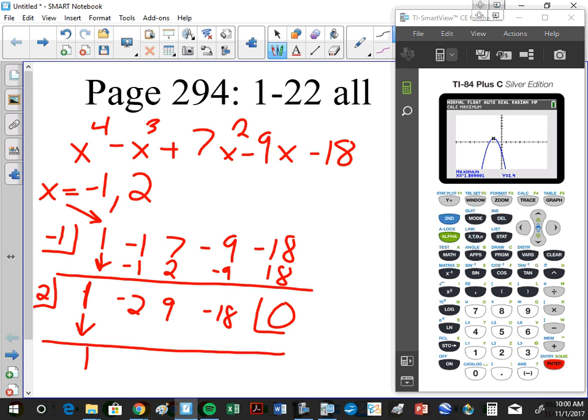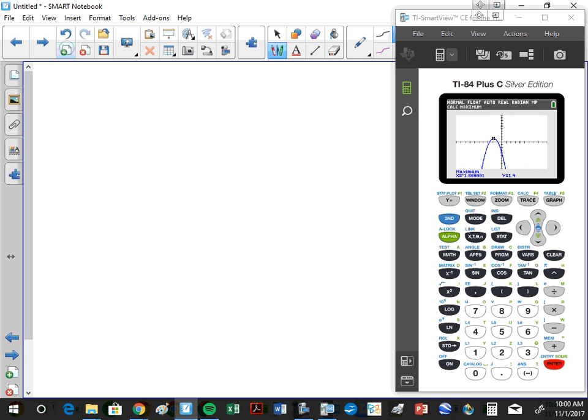So the whole point is getting rid of the x's until I get down to a quadratic. Right. So if I had, let's say, 60, and I told you that 5 and 3 work.